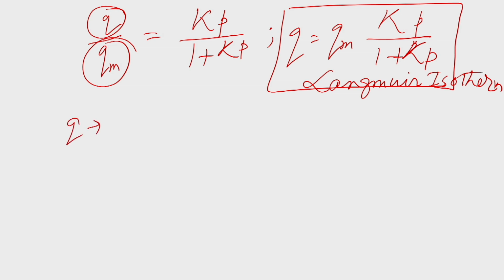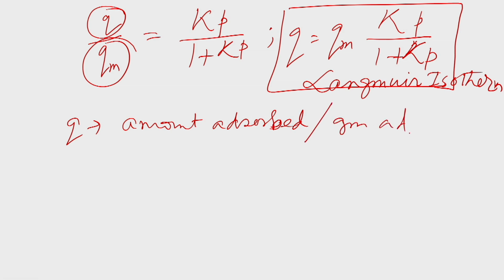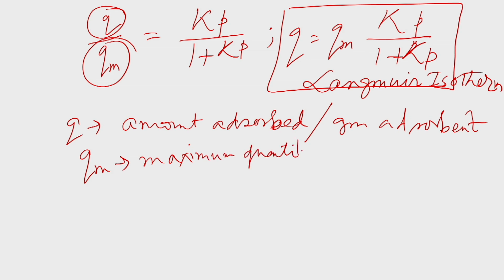So Q is the amount adsorbed per gram of adsorbent, and Q m is the maximum quantity of gas or adsorbate, or whatever may be adsorbed, per gram of adsorbent. Okay.